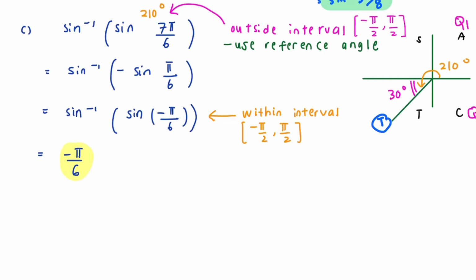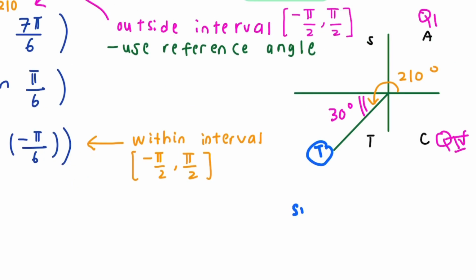So again, let's open up using reference angle. Sine 210 degrees is equal to negative sine of 210 degrees minus 180 degrees. Why do we have a negative here? Because this is the house of tangent, so we need to put a negative.